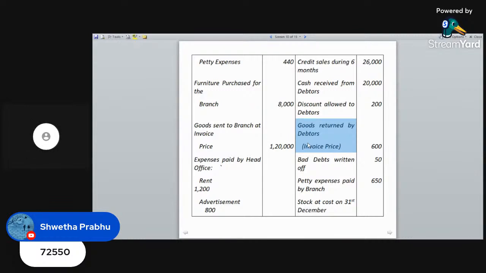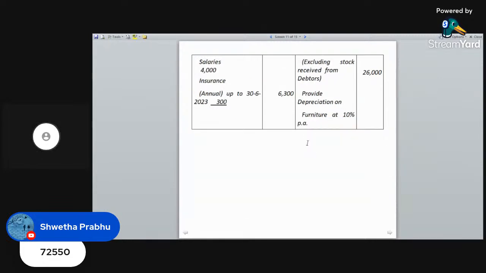Why? Because out of the credit sales of 26,000, 600 rupees of goods have been returned by the debtors, and this 600 rupees must be shown in the stock because the stock excludes the amount of stock received from the debtors. So this 26,000 rupees of closing branch stock is excluded, so we have to add this 600 and show it in the branch stock account.